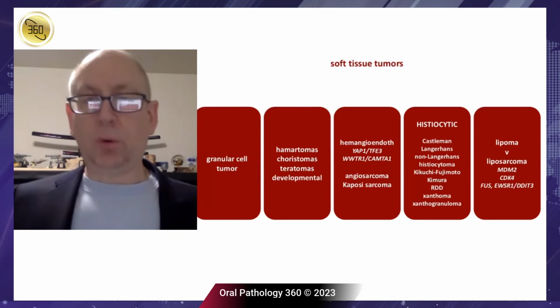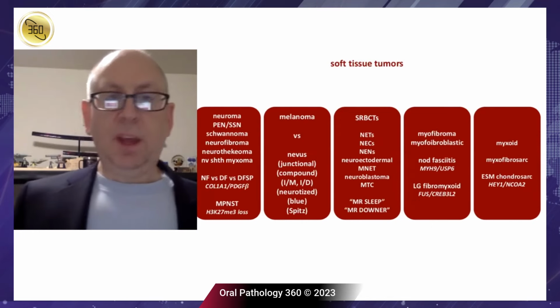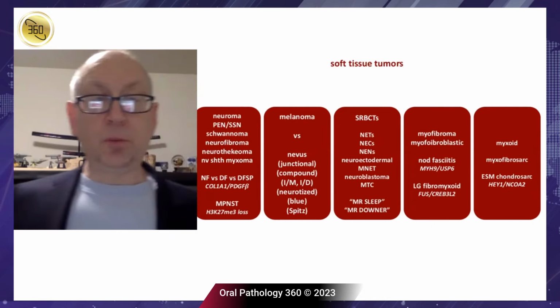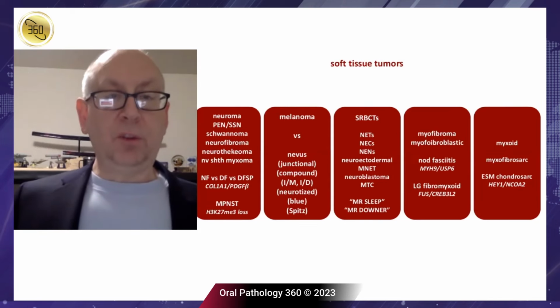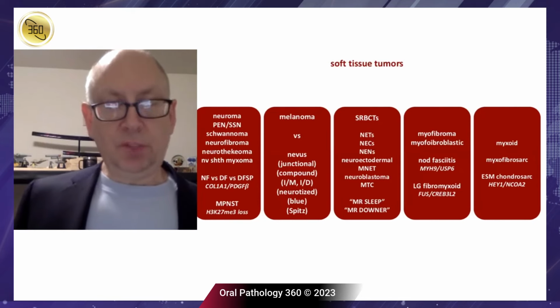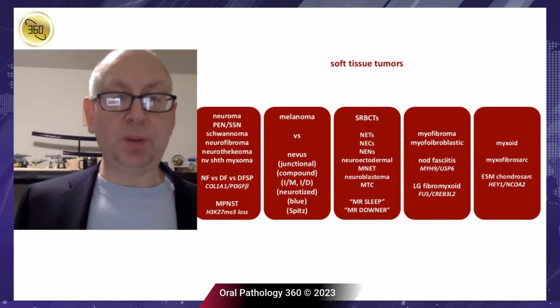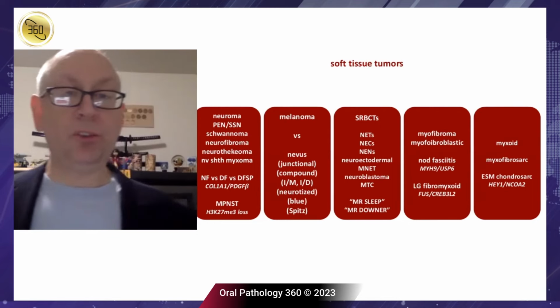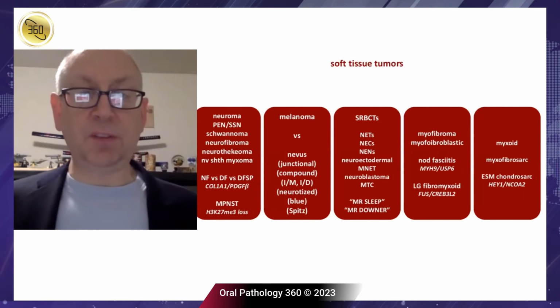Then we have the whole lipoma versus liposarcoma description. And then we have all the nerve tumors that I mentioned before, some of them like neuromas and neurofibromas that might be associated with genetic disorders like neurofibromatosis or endocrine neoplasias. And then we have a subset of those that are starting to turn out to actually have genetic characteristics. So I've listed them here.